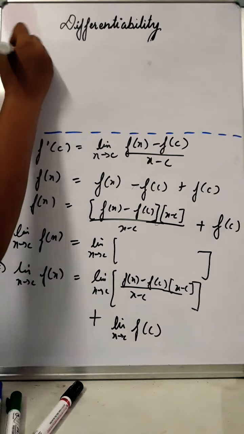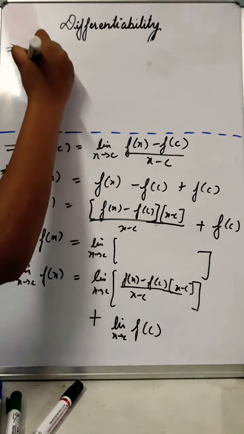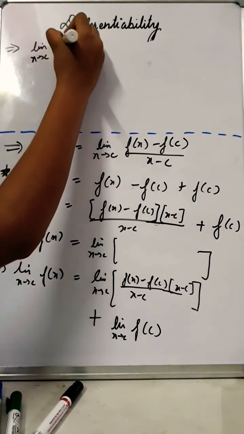Now on further solving, the left hand side is limit x tends to c f of x.